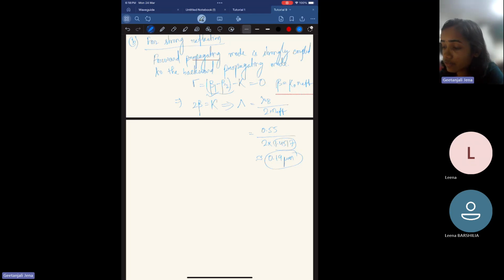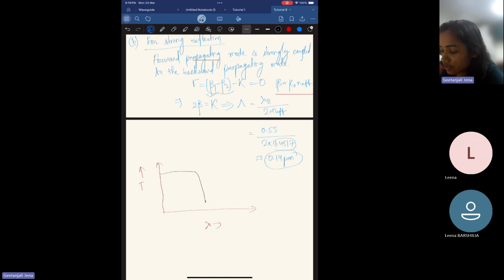Now, if you look at the transmission graph for this, what will it look like? If it is T versus lambda, only the wavelength corresponding to 0.55 will be reflected.